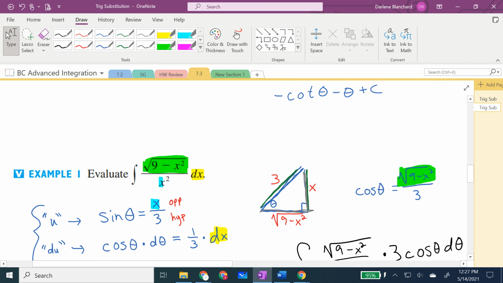And now I need to convert it back into x. If you have drawn this right triangle, you can just look at it and go, cotangent is adjacent over opposite. Or maybe you think, cotangent is tangent's reciprocal, so I'm reciprocating opposite over adjacent.